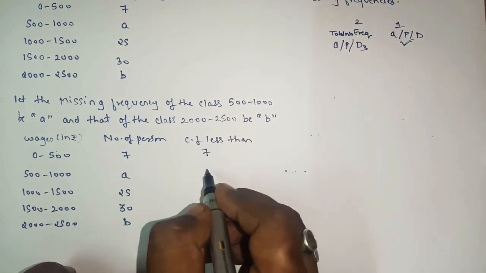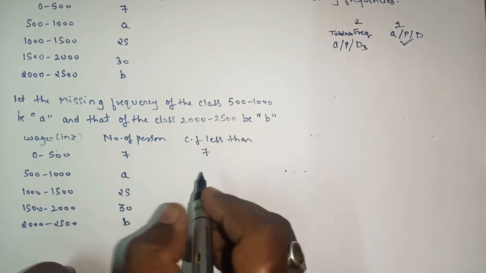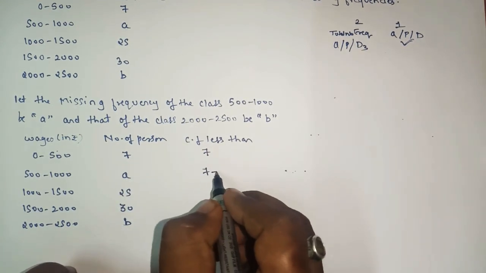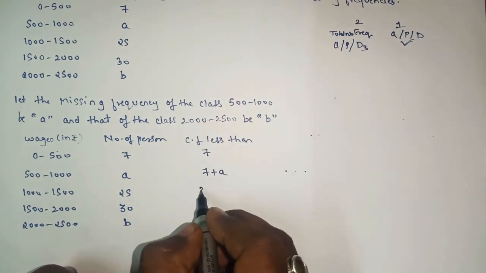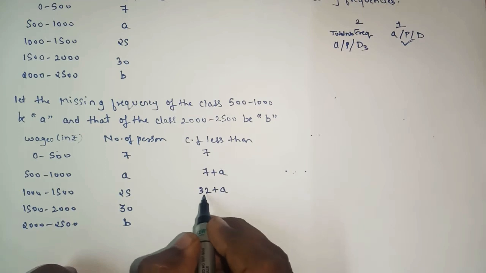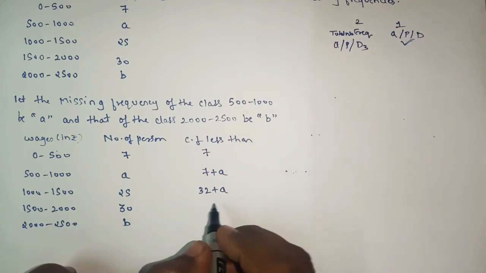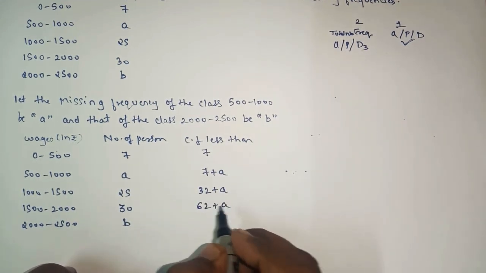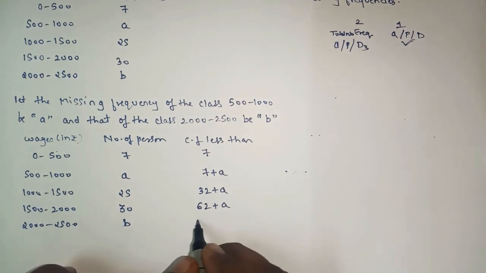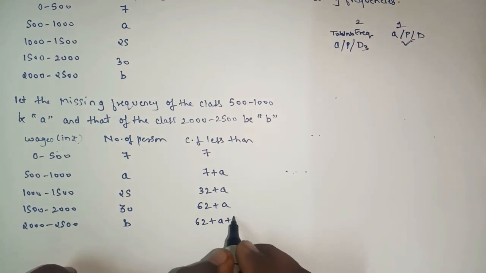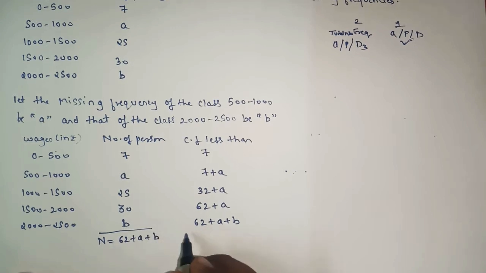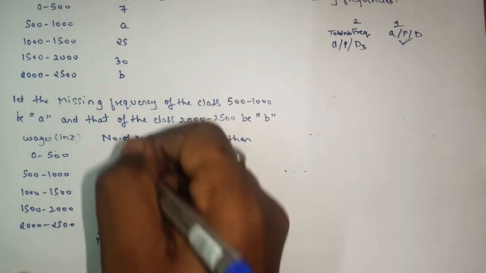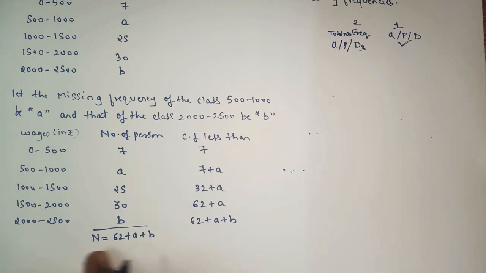So 7 plus A; we cannot add an alphabet and a number, so we write 7 plus A, then 7 plus A plus 25, which is 32 plus A, then 32 plus A plus 30, which is 62 plus A, then 62 plus A plus B. And of course the answer for n will be the same, 62 plus A plus B. Whatever answer you get here, when you add, you can check whether you are getting the same answer or not.